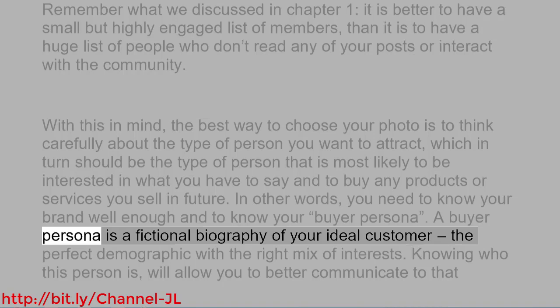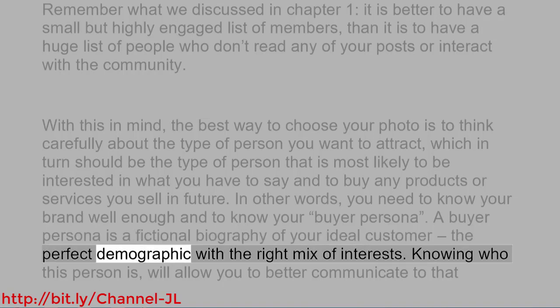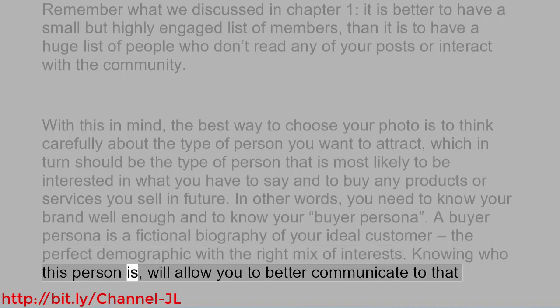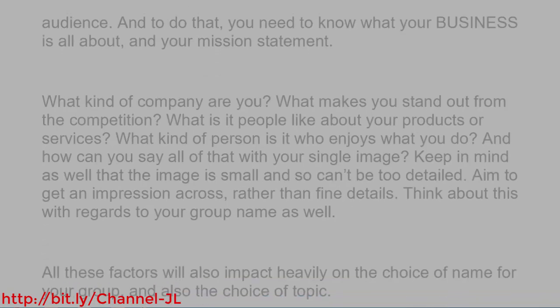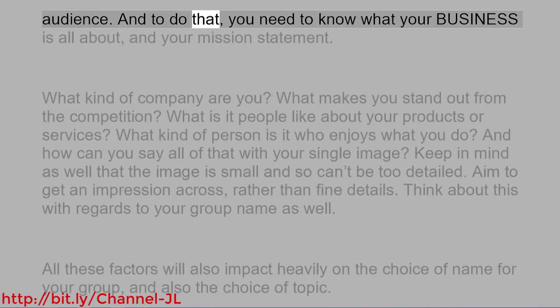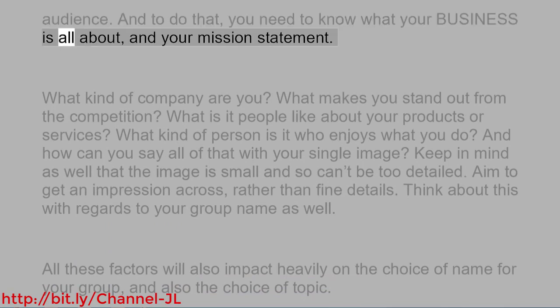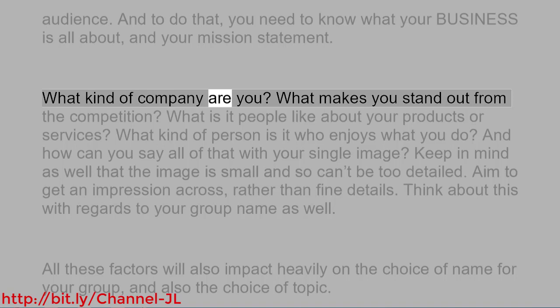A buyer persona is a fictional biography of your ideal customer, the perfect demographic with the right mix of interests. Knowing who this person is will allow you to better communicate to that audience. And to do that, you need to know what your business is all about, and your mission statement. What kind of company are you?